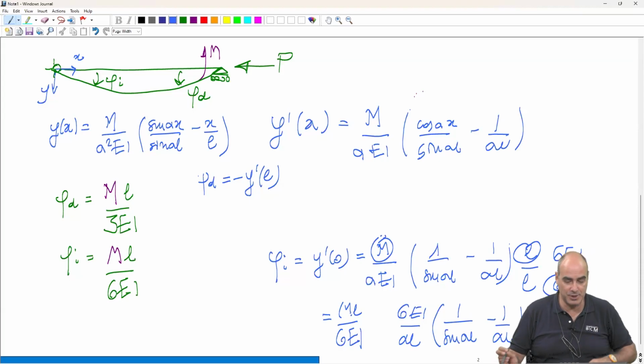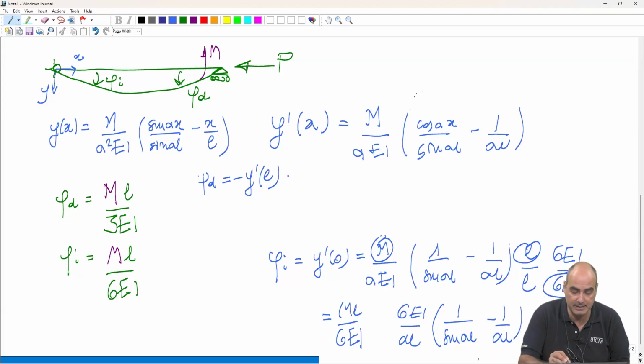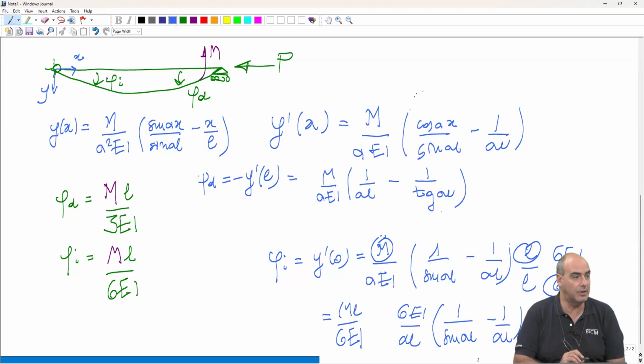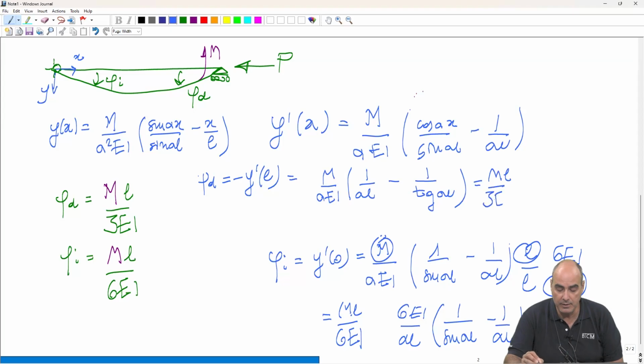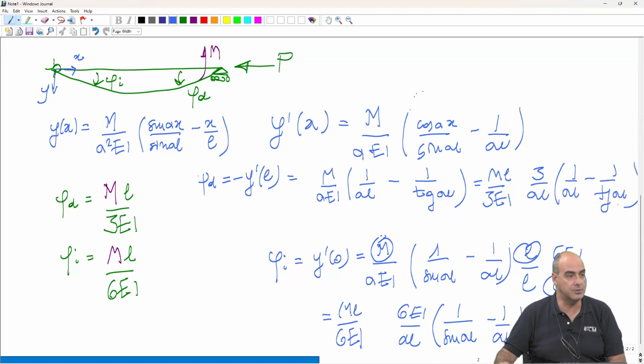So you just have to change the sign. It becomes M over alpha EJ, 1 over alpha L minus 1 over tangent of alpha L. And according to the same logic, you get M L over 3EJ, times 3 over alpha L, times 1 over alpha L minus 1 over tangent.